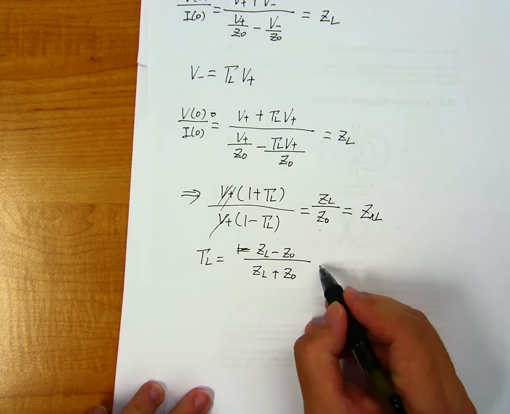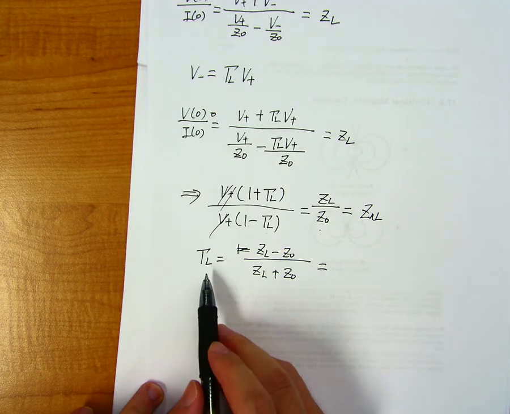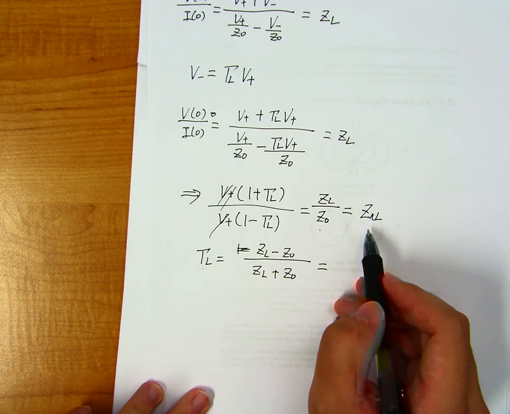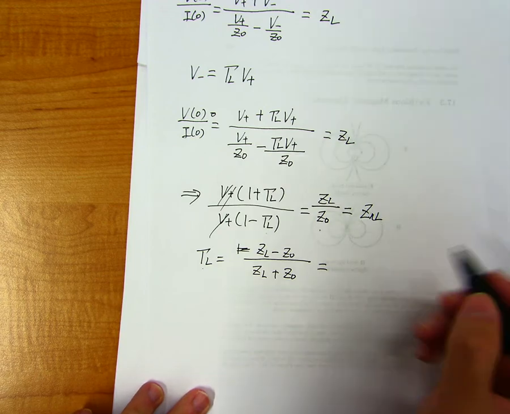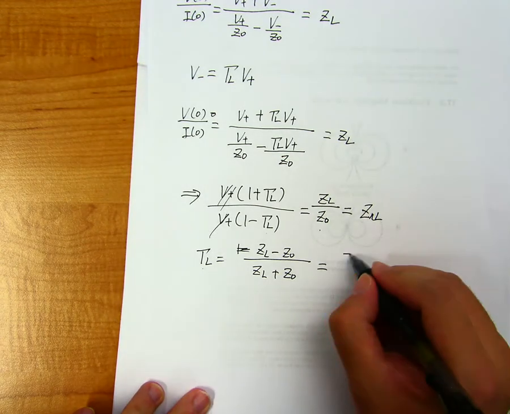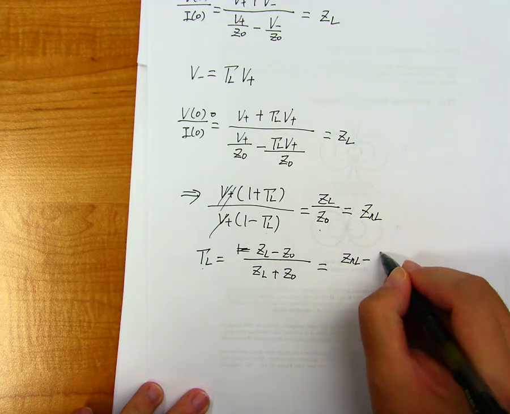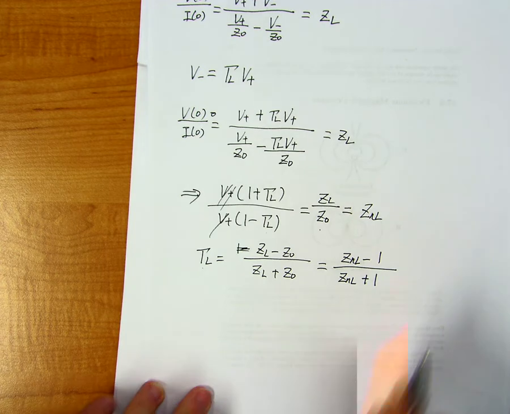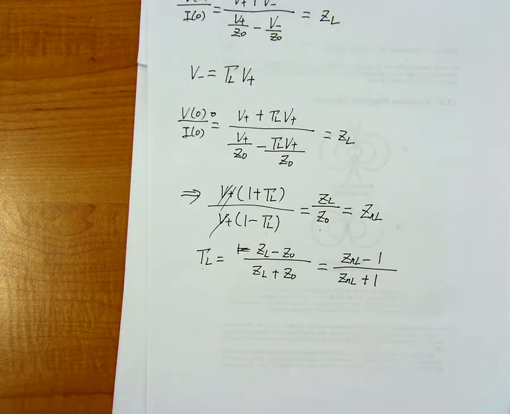Okay, so accordingly, we can express gamma L in terms of this ZNL, the normalized impedance, which is ZNL minus 1 divided by ZNL plus 1. Okay?